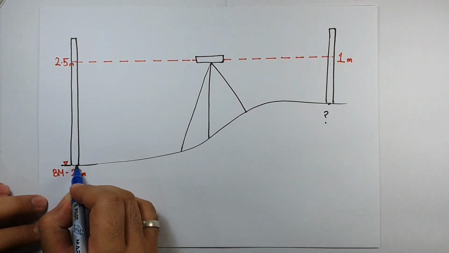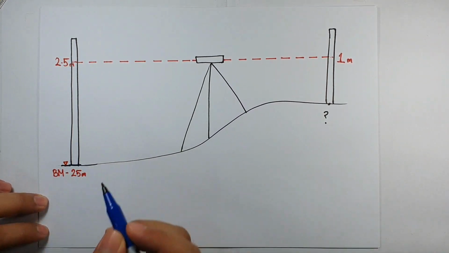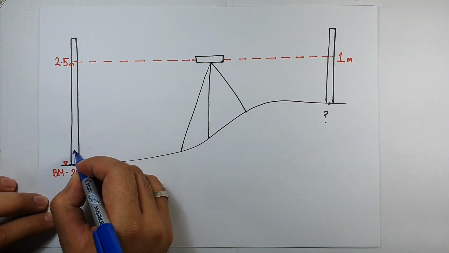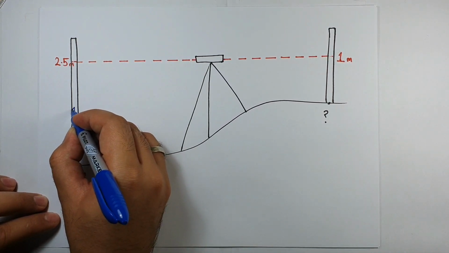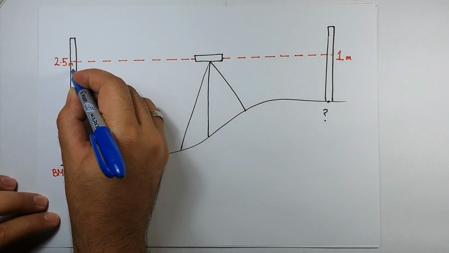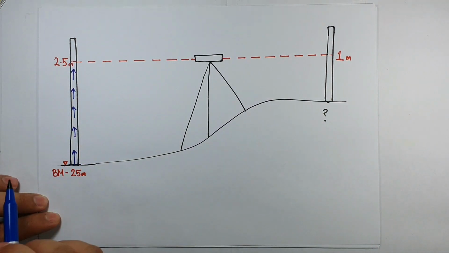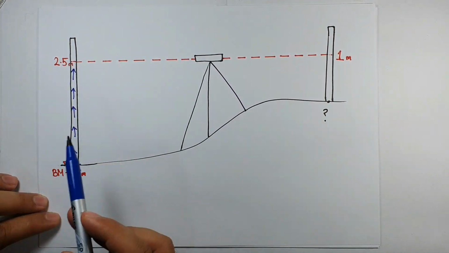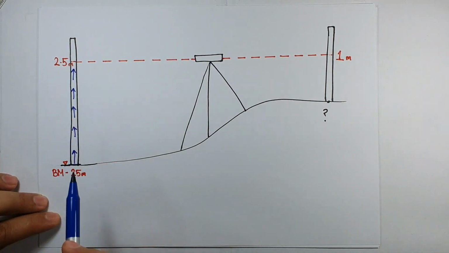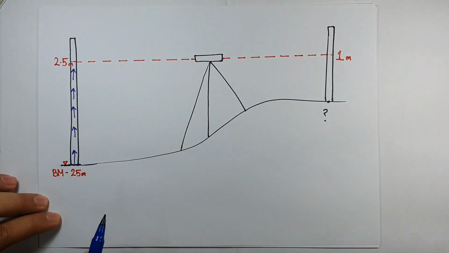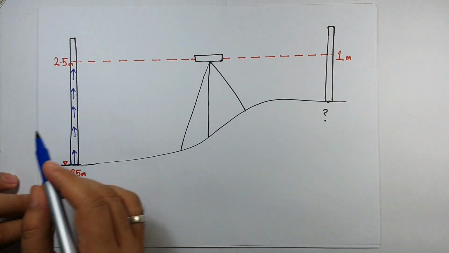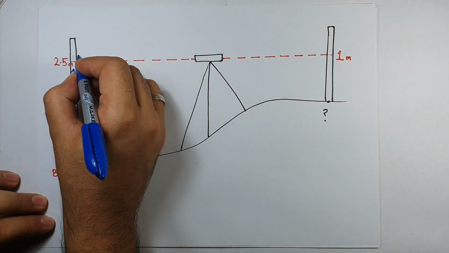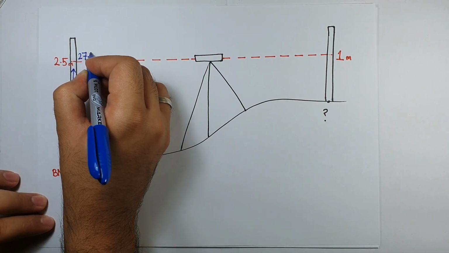I'm going to start at this level, which is 25. From 25 I will be going up with a vertical distance of 2.5 meters, which is the reading of this scale, or we call it in surveying the rod or the staff. So 25, when we add 2.5, we'll get 27.5.